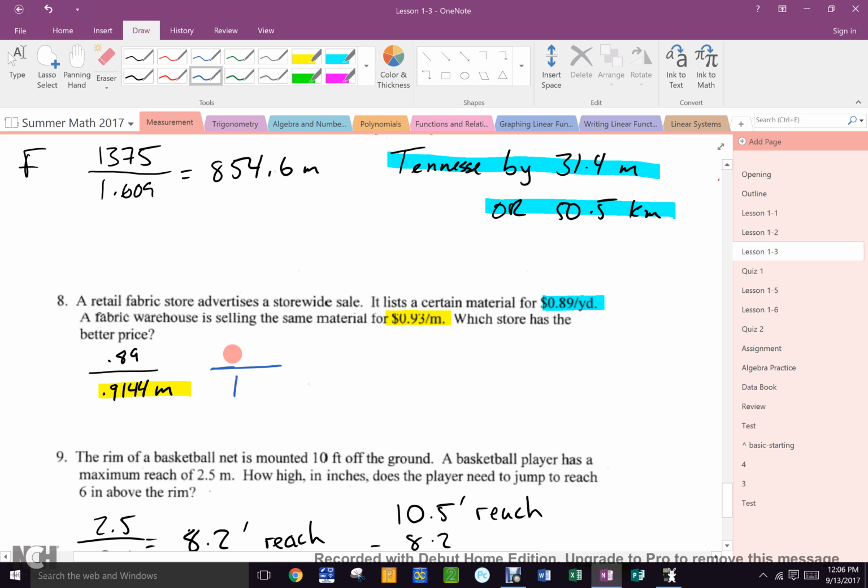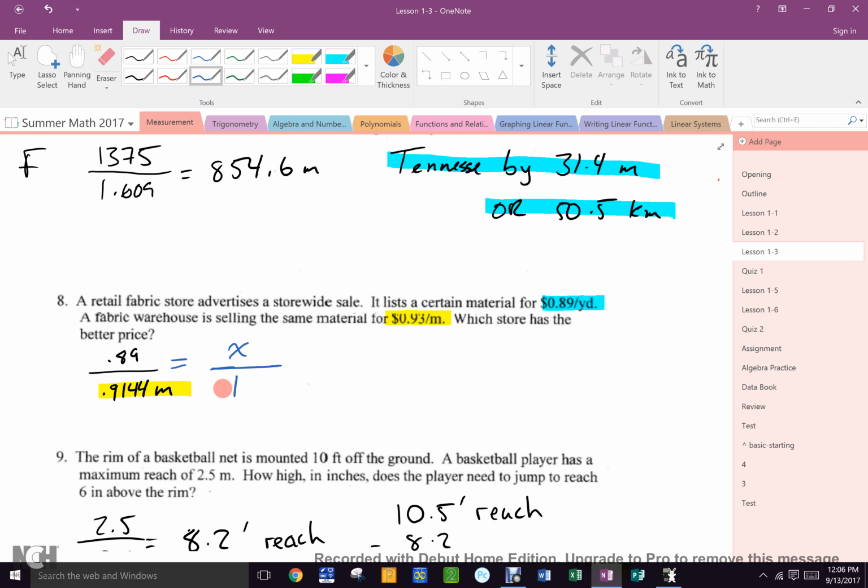Do I know their price? No. So in math, if you don't know something, what do you give it? A variable, right? So we always choose x. So then we have to solve for x here, yes? And of course, you all remember how to do that when you have fraction equals fraction. Cross, multiply, and divide, right?